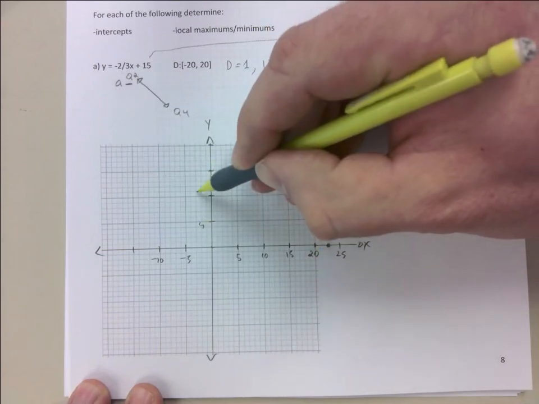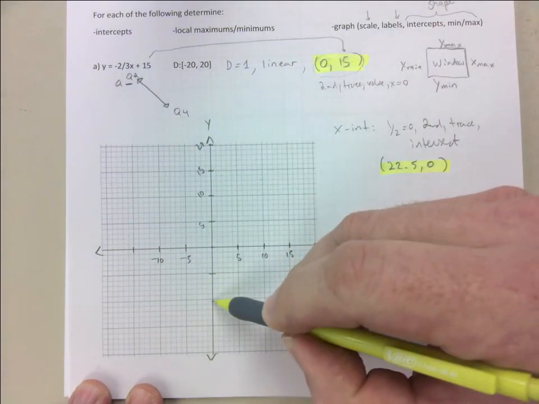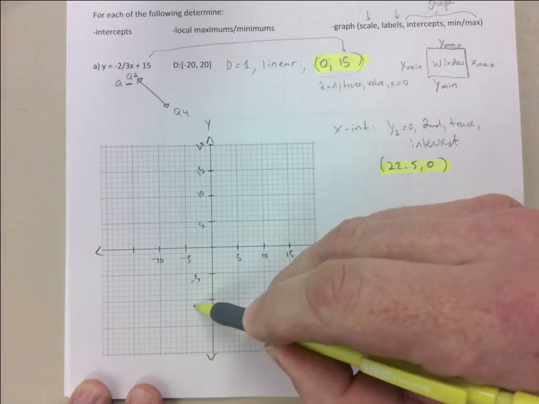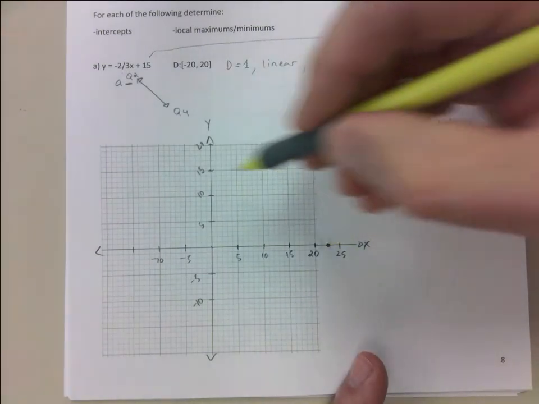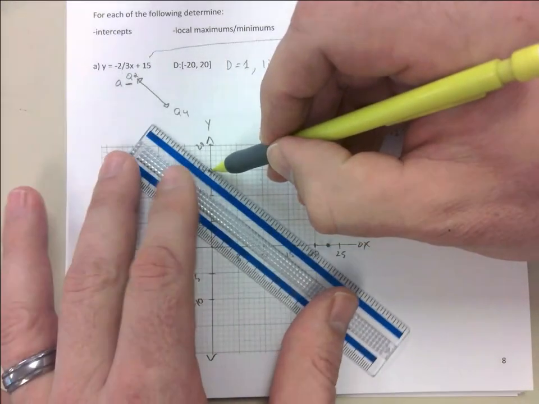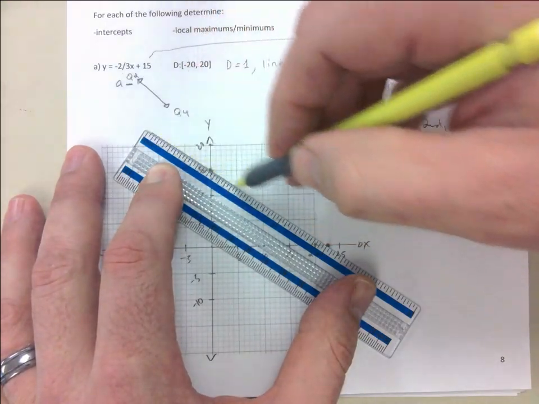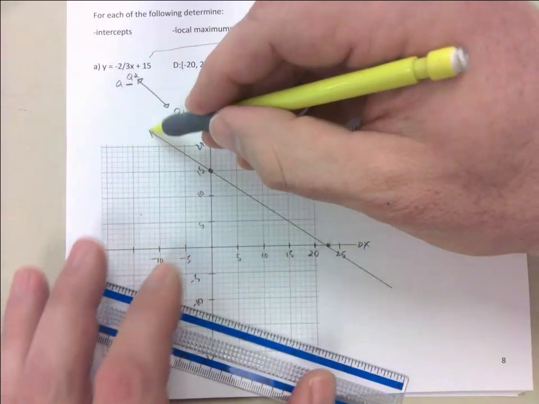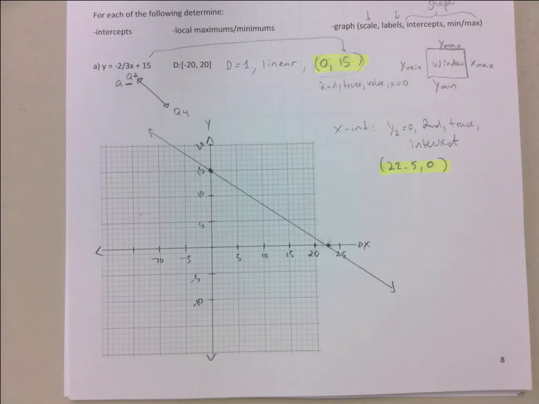Do the same going into the negatives. You plot them. I already plotted this one. 0, 15 is right on there. And just go ahead and graph it. If you choose a different scale, there's nothing wrong with it, as long as you're consistent.